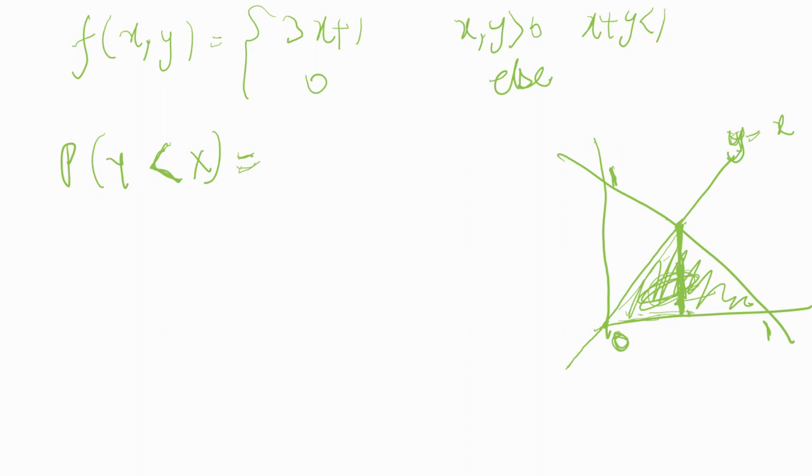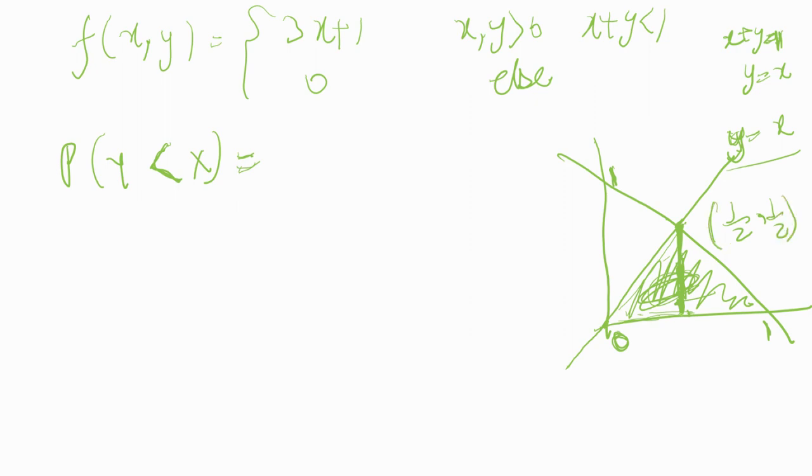So now we can solve this equation: x plus y is equal to 1, and y is equal to x. So when y is equal to x, this will be 2x is equal to 1, x is equal to half, and then y is also half. So this is the point 1 by 2 and 1 by 2.